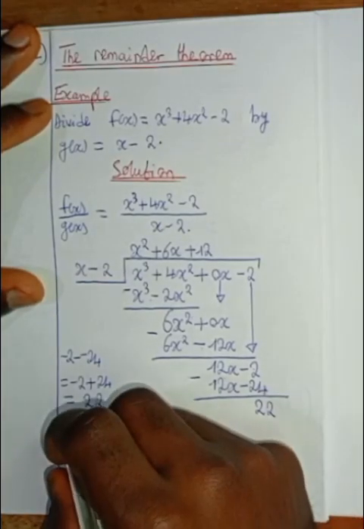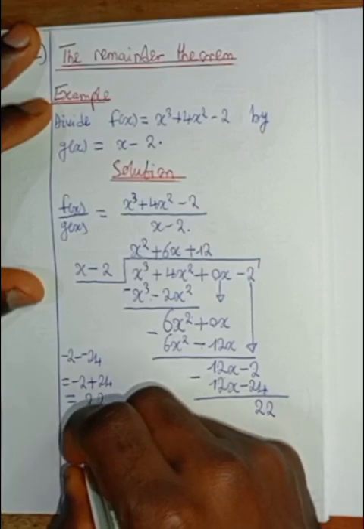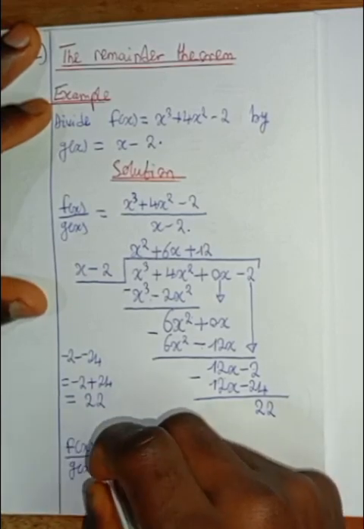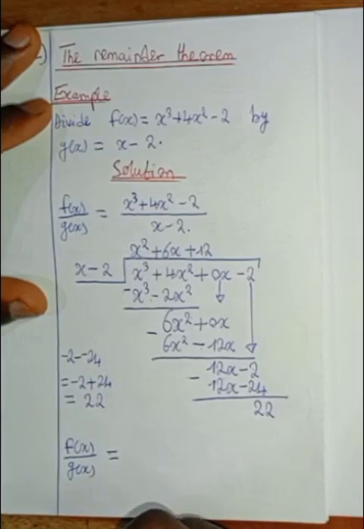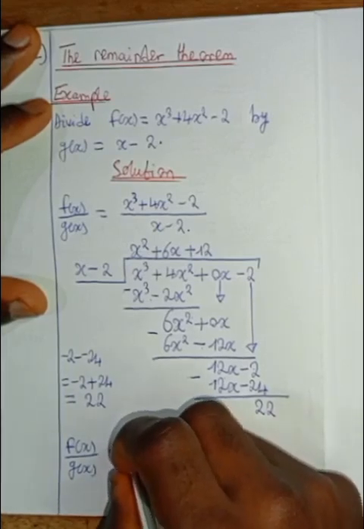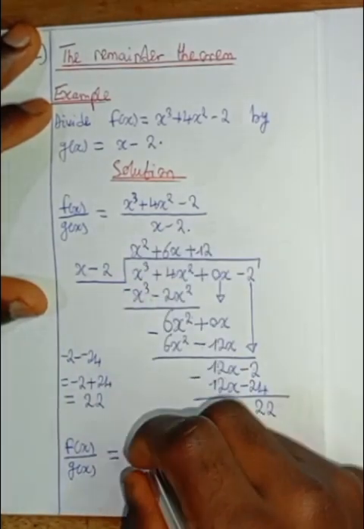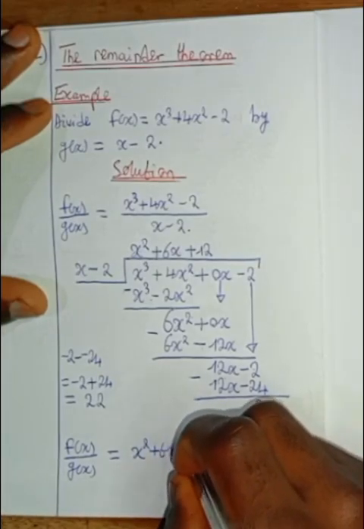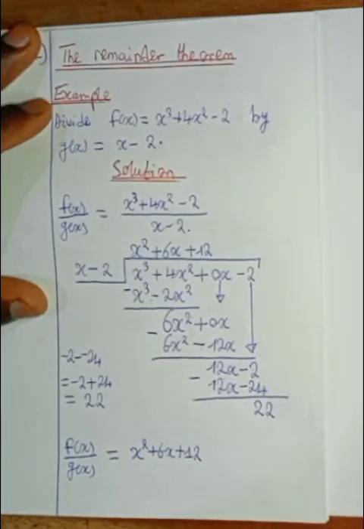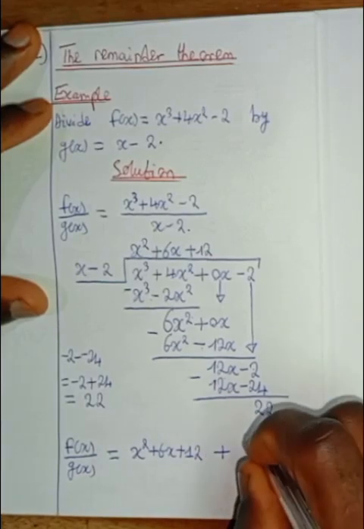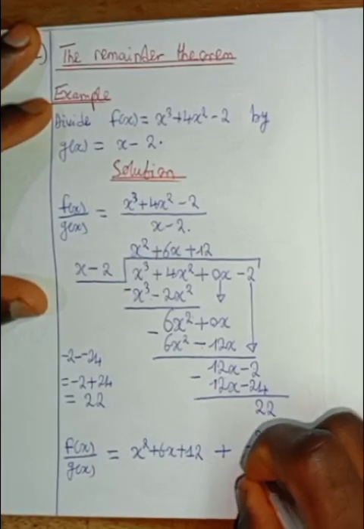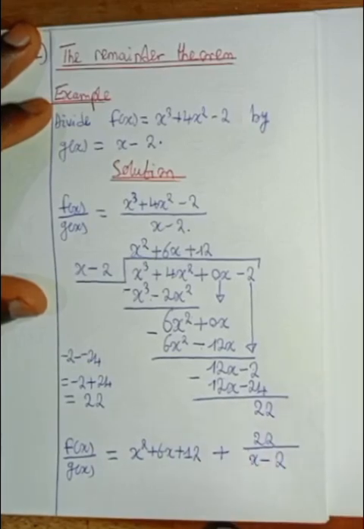We can express f of x divided by g of x as, write down the quotient, which is what we have up here, x squared plus 6x plus 12, plus the remainder, which is 22 all over x minus 2.